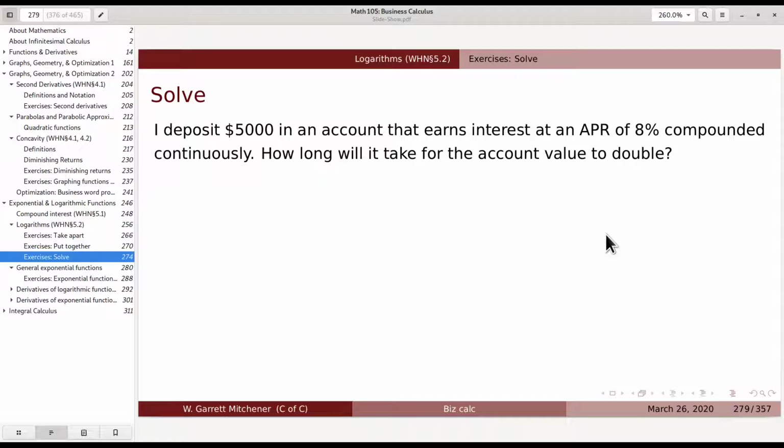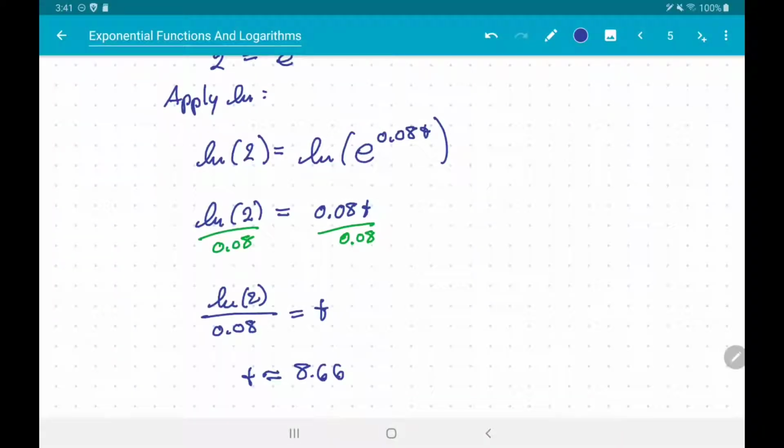So that 8.66 is time in years, and maybe you don't have a lot of intuition about this, but that is a reasonable amount of time for an investment to take to double. So there you go. That's the solution to this account doubling problem.